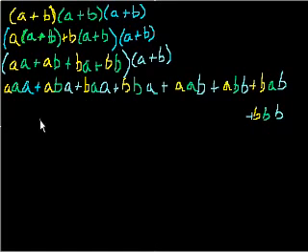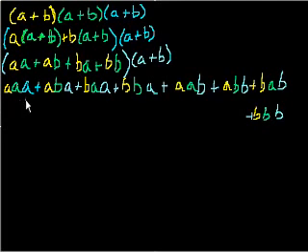So let's think about it a couple of different ways. To generate each of these terms in the expansion of a plus b to the third, we're picking either a or b from the yellow a plus b. We picked an a here, an a here, a b here. From the green a plus b, we're picking either an a or b. And then from the blue a plus b, we're picking either an a or b, right?